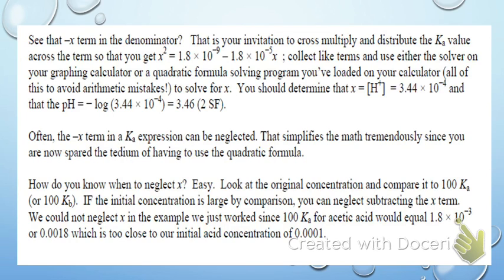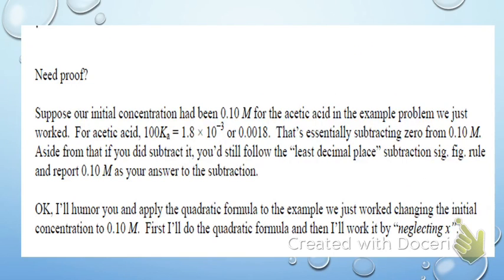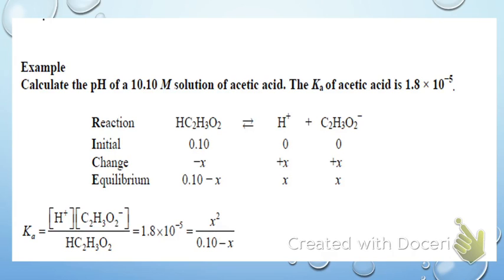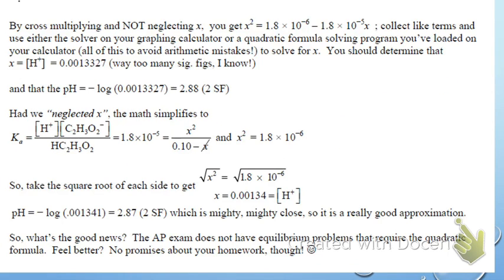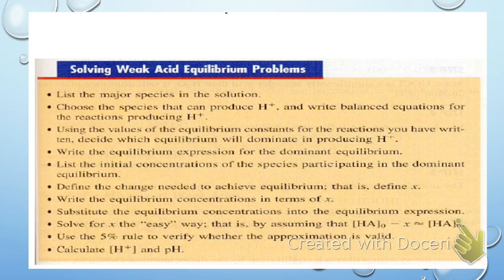So we already talked about neglecting x. We talked about that in Ksp, so we don't have to go through it again because we already know how to do that. They're just taking you through this example with neglecting x. Some people don't introduce neglecting x until acid-base, but I introduced it sooner. This is just a guideline of how to do this.